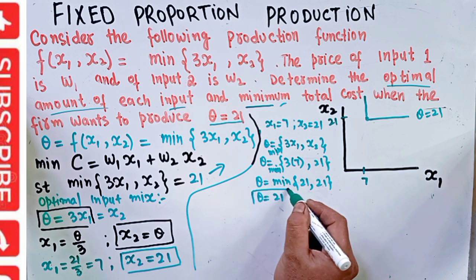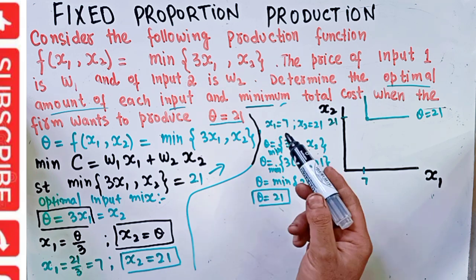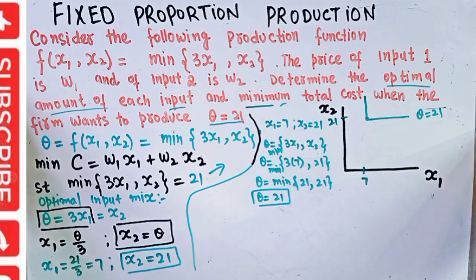That means we require 7 units of input 1 and 21 units of input 2 to produce 21 units of output.